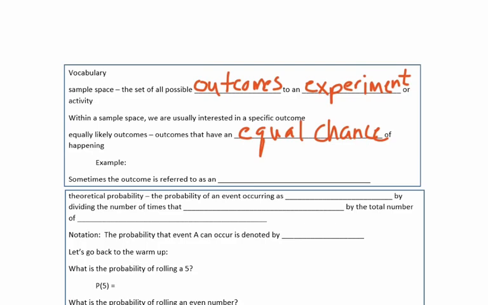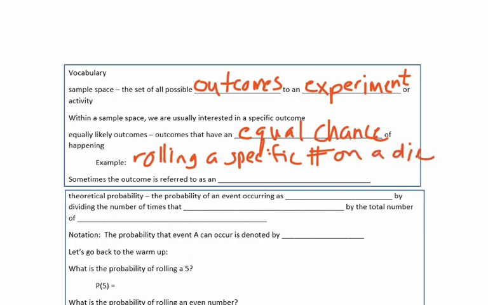Some examples of equally likely outcomes might be this. I have in the notes, rolling a specific number on a die. Die is the singular for dice. A lot of times we talk about rolling dice, and that's plural, and if you only have one, it's called a die.